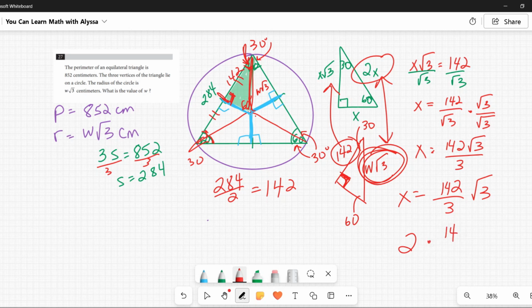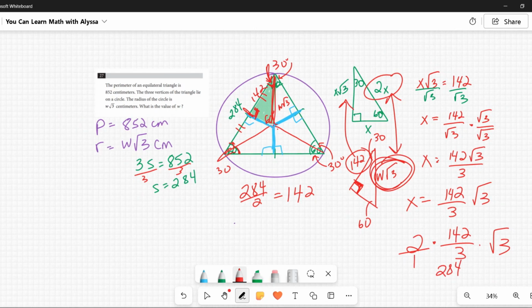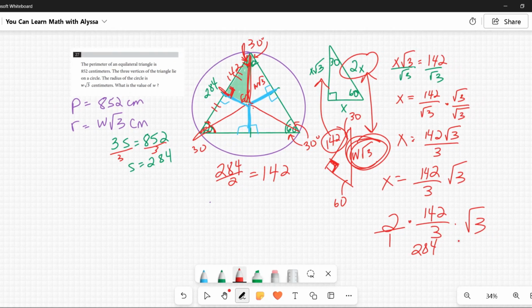So 2 times 142 thirds times the square root of 3. So 2 over 1. 2 times 142. Well, we actually already know what that is because we divided 284 to get to 142. So 2 times 142 is 284. And I just keep running out of room. It just keeps getting smaller and smaller.